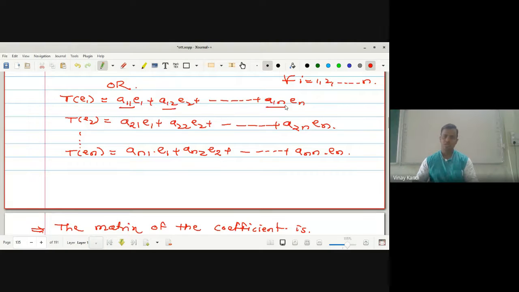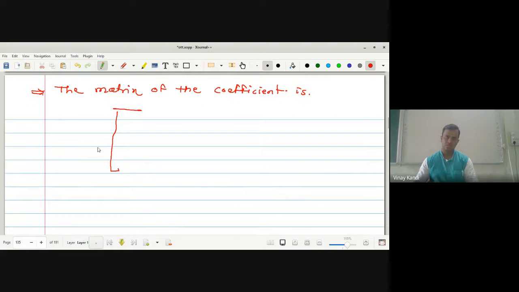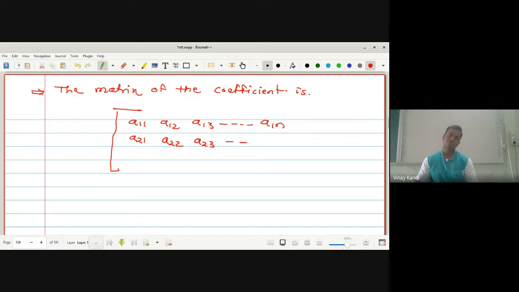A11, A12, A13 up to so on A1n. Second row, A21, A22, A23 up to so on A2n. And the last row, AN1, AN2, AN3 up to so on ANN. This is the matrix of coefficients.